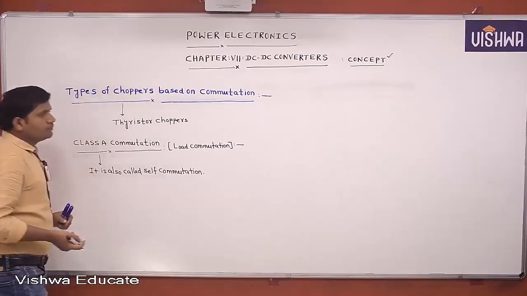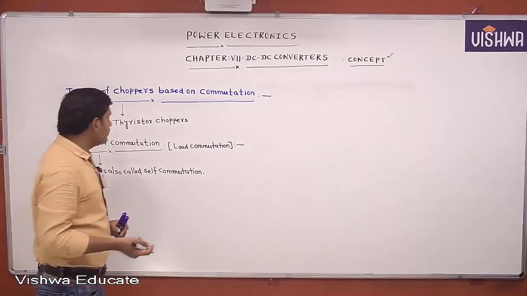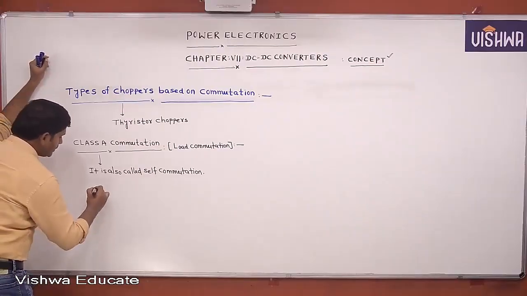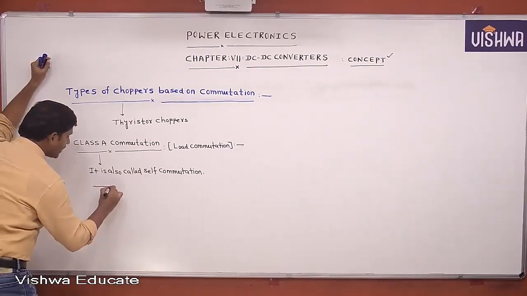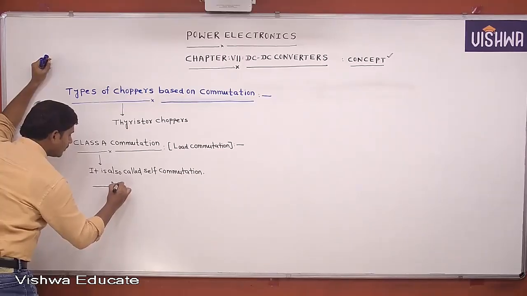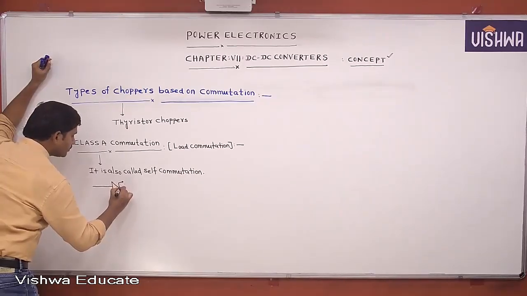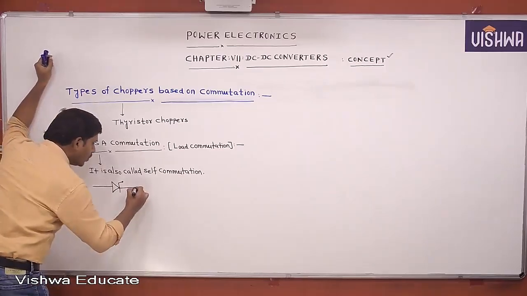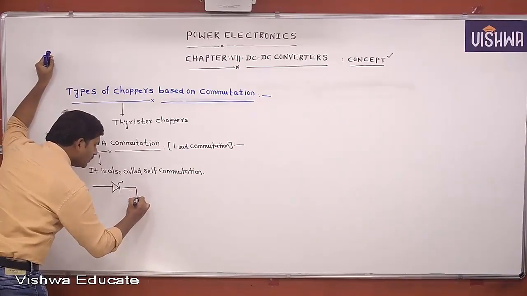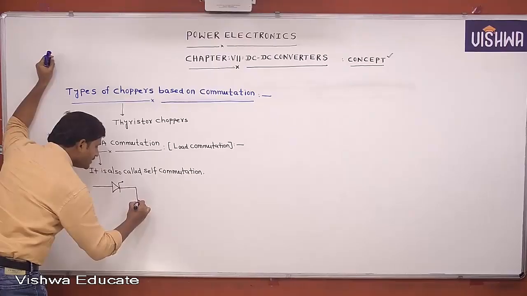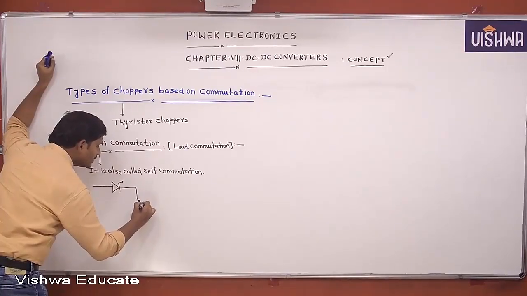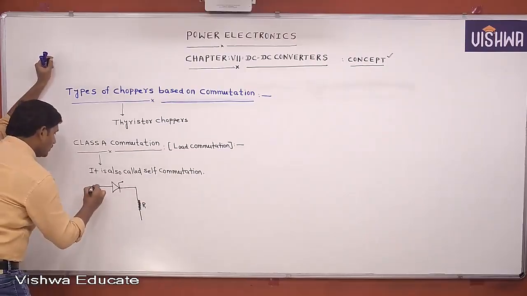Then what is the circuit we can use for load commutation or self commutation or class A commutation? Let us consider the device we are using is a thyristor. Let us assume that a thyristor is supplying power to a resistive load.